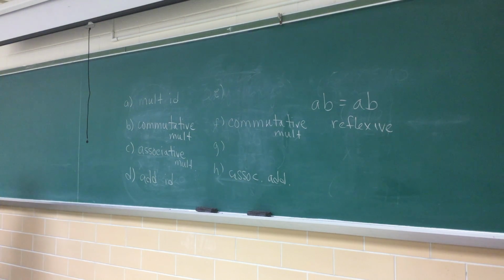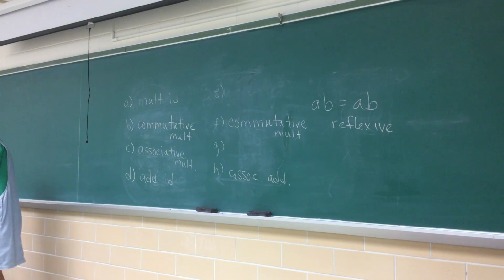Now that leaves E and G. And in E and G, they're different, but the same thing is happening. When you multiply 3 times a third, they cancel each other out. Do you happen to remember what we call the properties that cancel each other out? They're not the identities, they are the inverses.